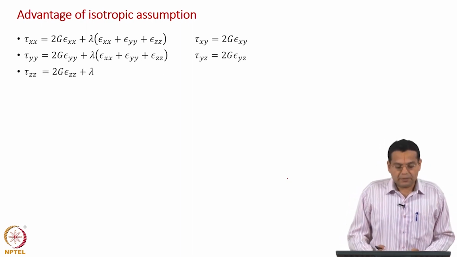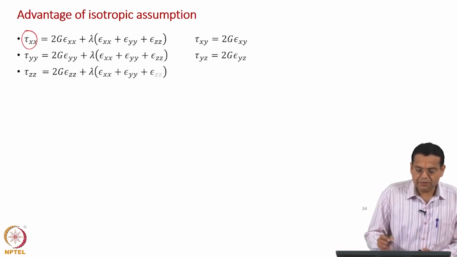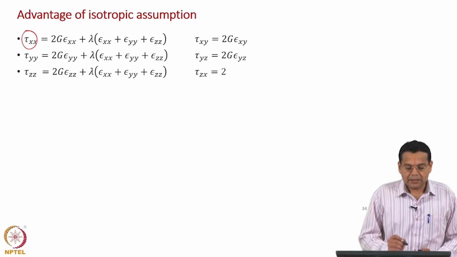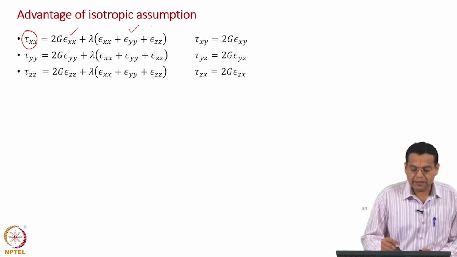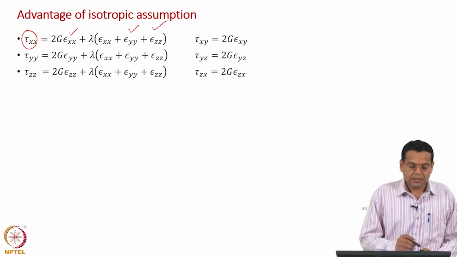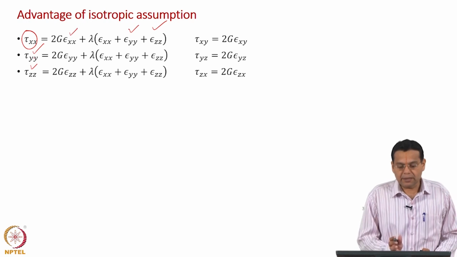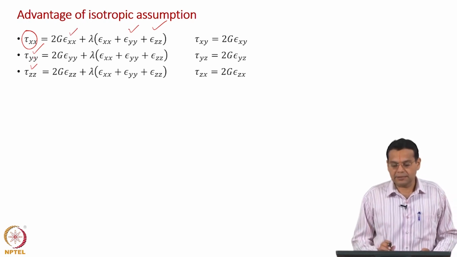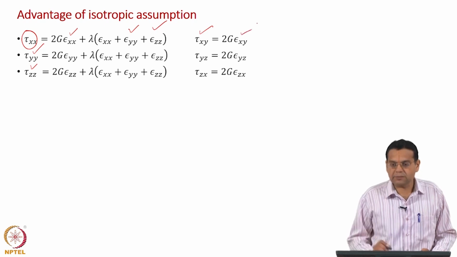Now, if you look at tau xx, the way in which we derived it, it depends only on epsilon xx, epsilon yy, epsilon zz. Similarly, tau yy and tau zz depend only on epsilon xx, epsilon yy, epsilon zz. Tau xy depends only on epsilon xy, and tau yz depends only on epsilon yz.